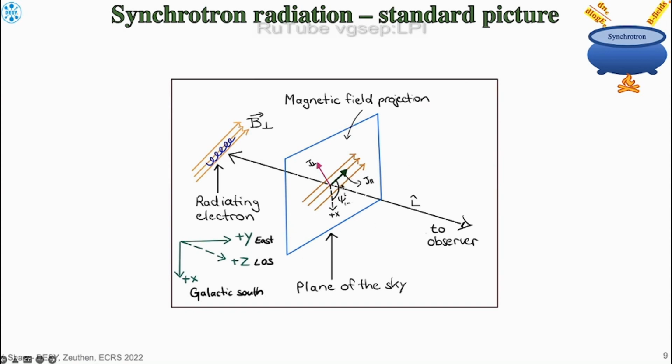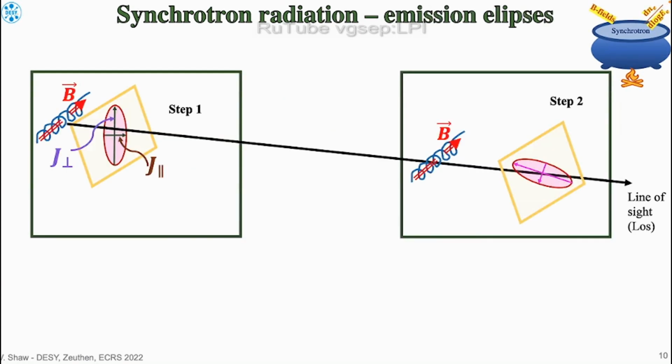But I find another way of visualizing this polarized synchrotron radiation, and that is through ellipses. Suppose we have a distribution of electrons emitting synchrotron radiation, and we can visualize each emission along the line of sight as an ellipse, such that the major axis of the ellipse is the perpendicular polarization and the minor axis is the parallel polarization.